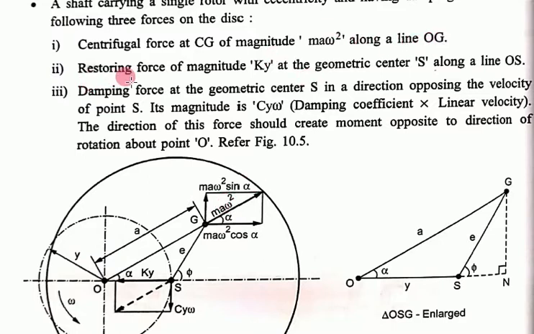Second is the restoring force of magnitude ky. At the beginning the center of the rotor will be here, and now it will be here, so it tries to restore its original position. That is the ky force, the restoring force acting at the geometric center S along the line OS.